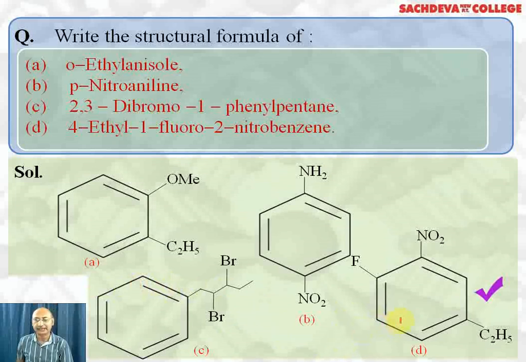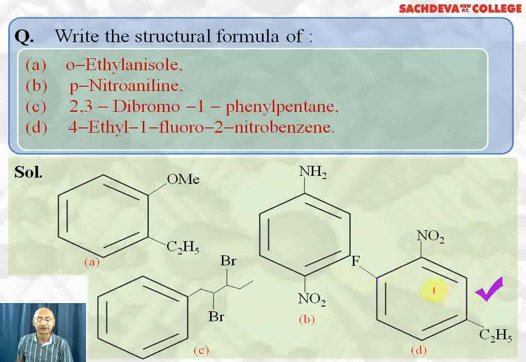Last is 4-ethyl-1-fluoro-2-nitrobenzene. First we write the benzene ring. 4-ethyl means we put C2H5 here. This is at position 4 from fluoro. Fluoro is given first position and nitro is given second position. Why fluoro first? Because this is the major functional group here and alphabetically also preferred. There are two functional groups, one is fluoro, another is nitro, so we have preferred fluoro.